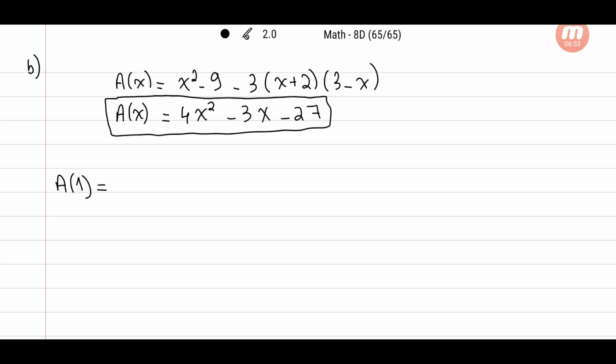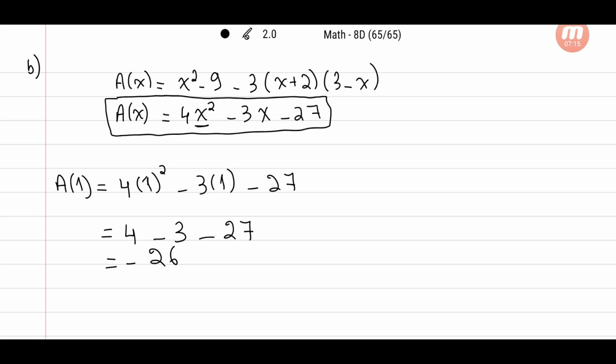So I replace x by 1, so it is 4(1²) − 3(1) − 27. 1 squared is 1 times 4 is 4. Minus 3 times 1 is −3, minus 27. So it is 4 − 3 is 1. 1 − 27 is −26.